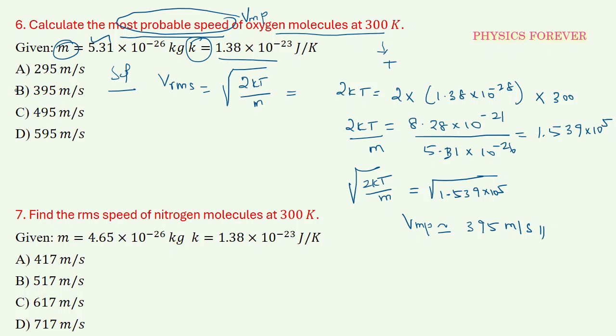Option B is correct. This is the most important formula to remember: first calculate 2kT, then divide by the mass, then take the square root to get the final answer.